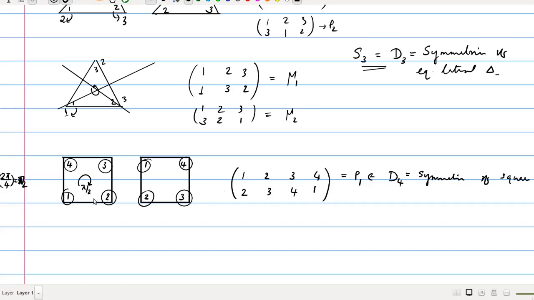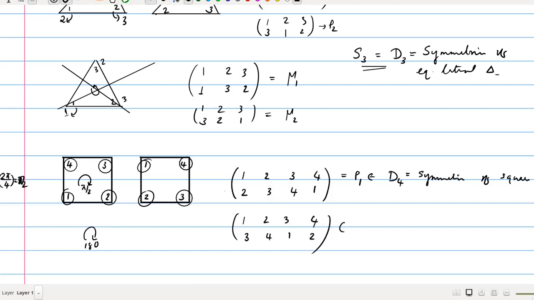Similarly, if you consider the rotation through 180 degrees, that is 2 times pi by 2, then you will get another one-one onto function on 1, 2, 3, 4. At the place of 1 you can see 3 instead of 2 if we rotate by 180 degrees. So 1 goes to 3, at the place of 2 you can see 4, at the place of 3 you can see 1, and at the place of 4 you can see 2.